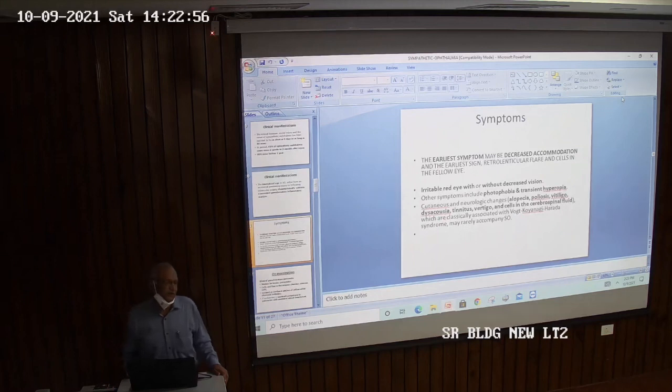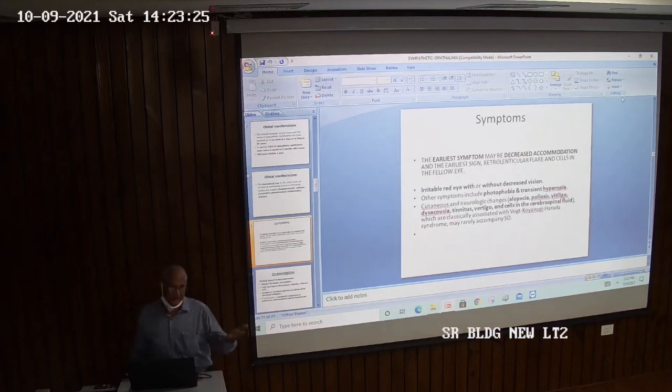Suppose any ocular injury occurs two or three months earlier, and that eye has uveitis. But in the other eye, if the patient complains of blurring of vision, meaning low accommodation, and flare occurs, you must think of sympathetic ophthalmia. So ciliary tenderness, blurring of vision, and aqueous flare are the earliest signs.